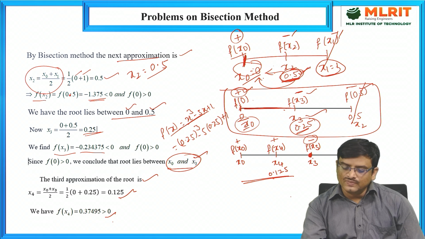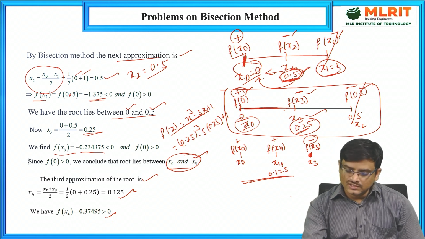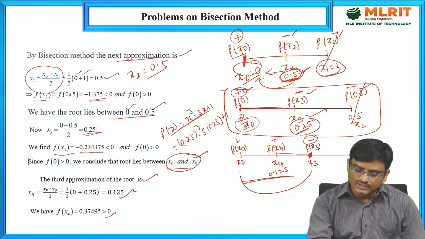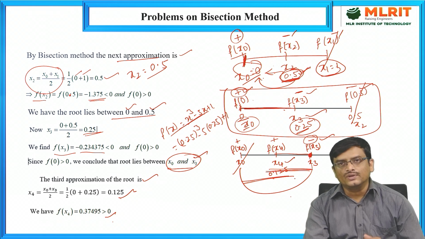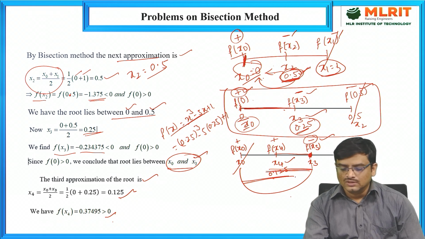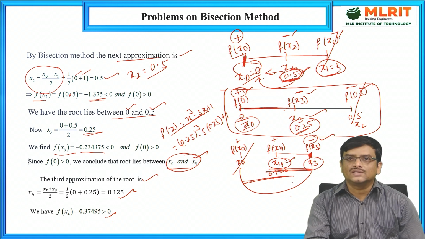From this x3, you identify the nearest value. This is nearer than x0, so you cancel x0 and consider x4 with a positive sign and f of x3 with a negative sign. Since f of x4 and f of x3 have opposite signs, we can conclude that the root lies between x3 and x4.